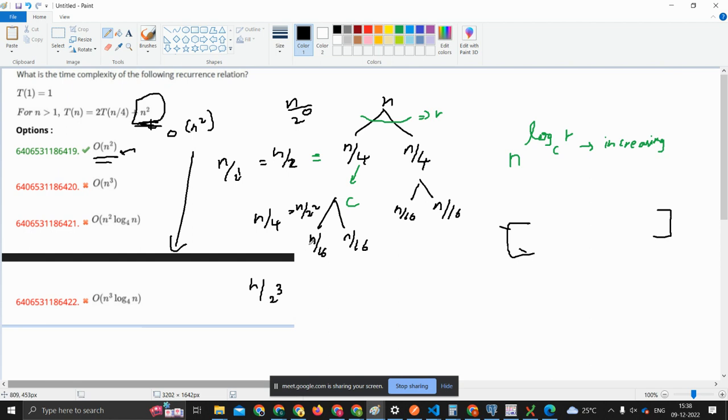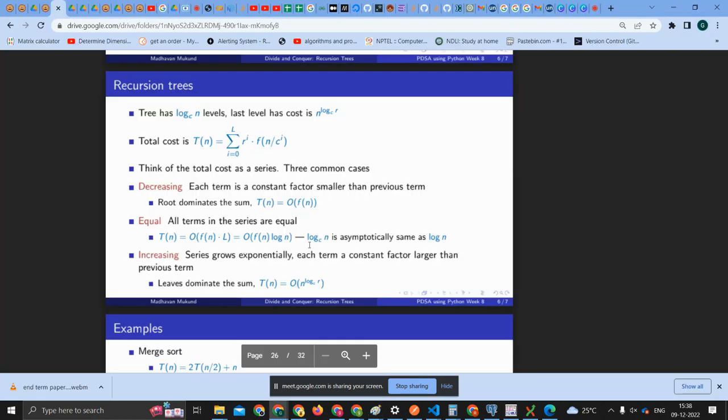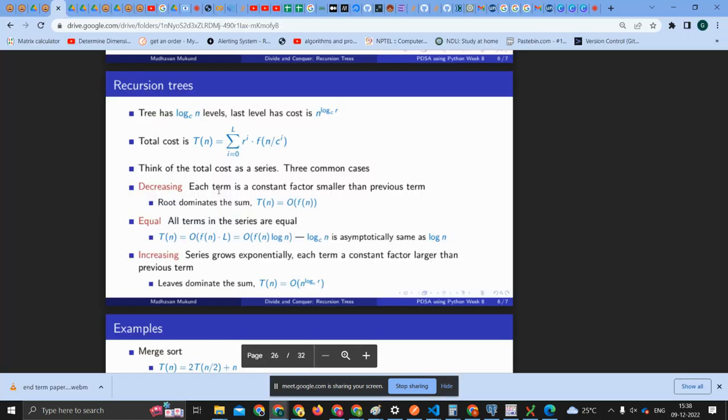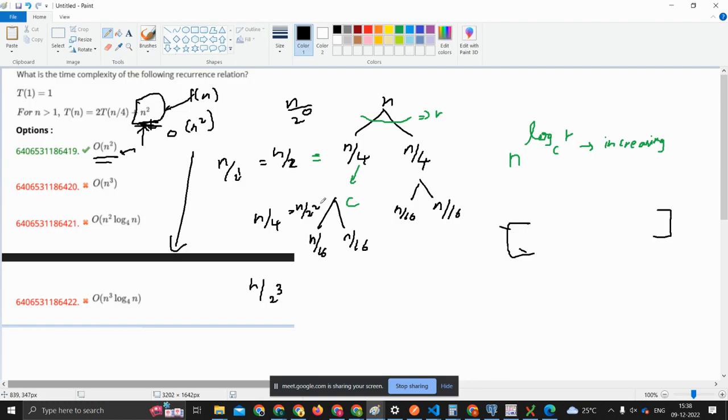So if the total is decreasing at every step, then the complexity is going to be f of n, whatever you have after that. Got the point?